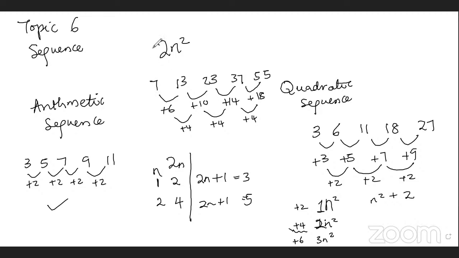When n is equal to 1, what is 2n squared? 2 times 1 squared, 1 squared is 1, times 2 is 2. When n is equal to 2, 2 times 2 is 4. Is that even right? Yes.